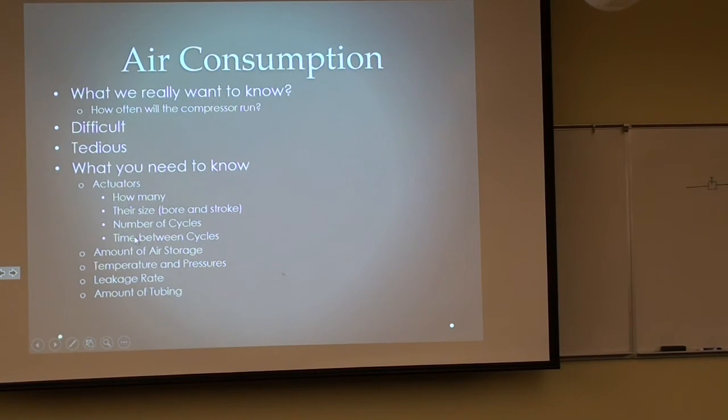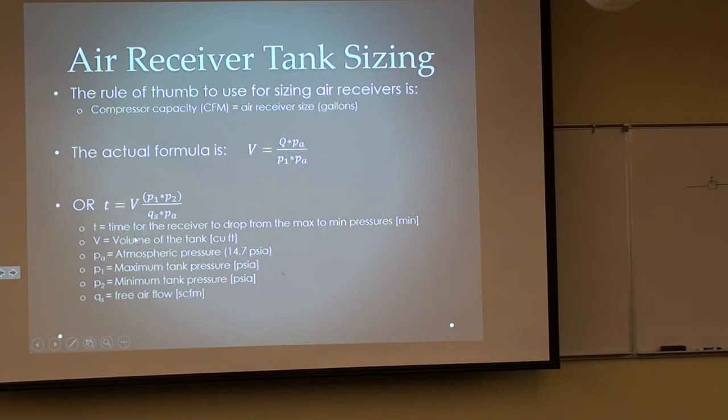And what you're trying to do is limit, as Ted was talking about earlier, how often the compressor runs. And it all depends on how many actuators, how many times they cycle, how big they are, all that good stuff. There are equations you can use. Here's this nice rule of thumb. It wasn't designed for robots, it was designed for industrial compressors, where you size the air receiver or the air tank in gallons based on the compressor capacity.